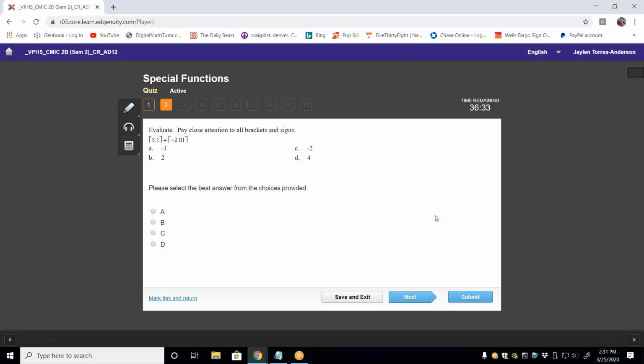No, it doesn't make any sense. The part that I'm seeing does not make sense as a math question. Pay close attention to all brackets and signs. Well, wow. No, it does make sense. Now I understand it.